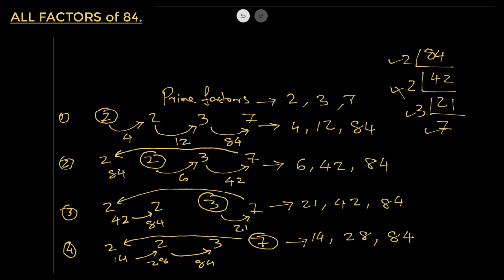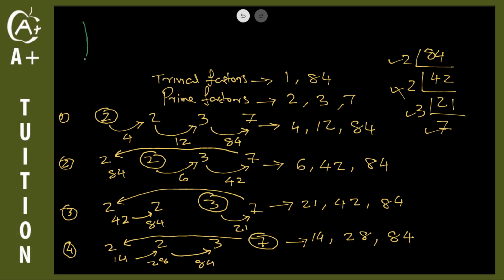And which are the trivial factors? Yeah, silly. These are 1 and 84. We know with every number, 1 is a factor and that number itself is a factor. So we have done our 3 steps, almost done.